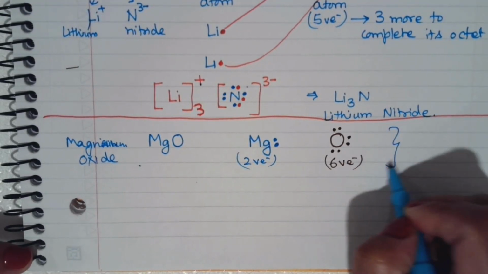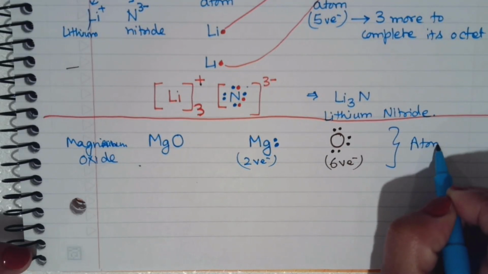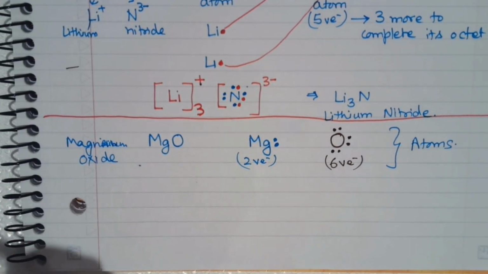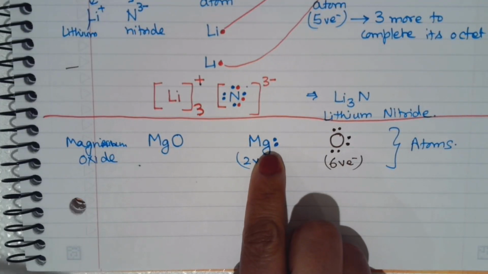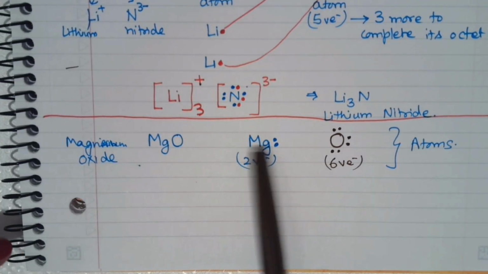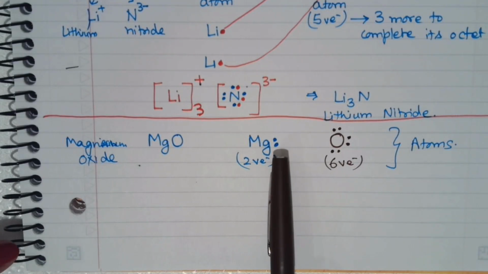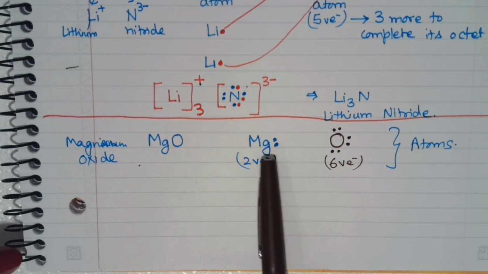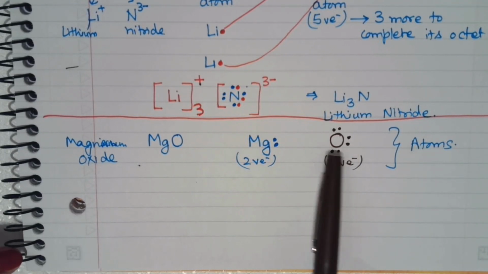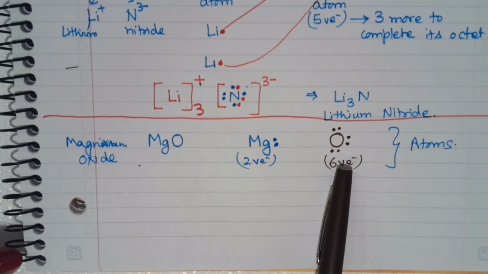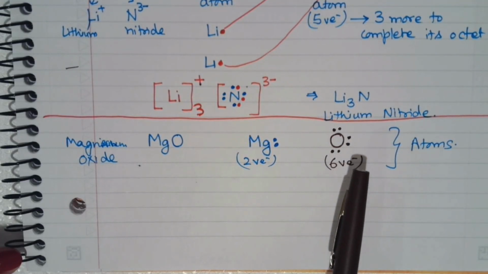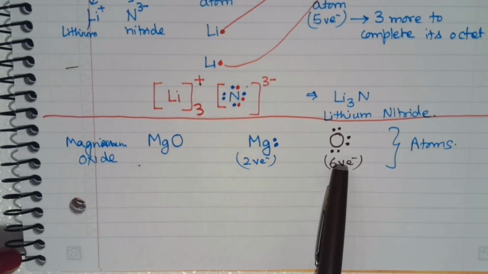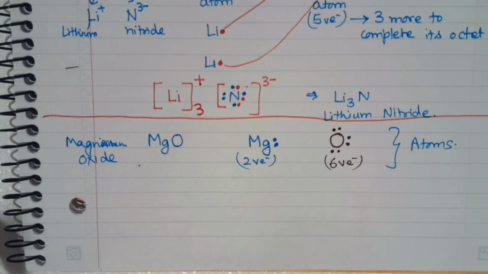So these are the atoms, neutral atoms. Now magnesium can lose 2 electrons and look like the noble gas, right? It can look like neon with 10 if it loses 2 electrons. Oxygen, on the other hand, has 6 valence electrons, needs 2 more to look like neon, right? To complete its 8.